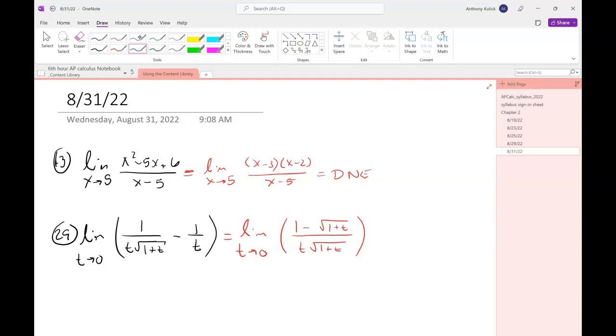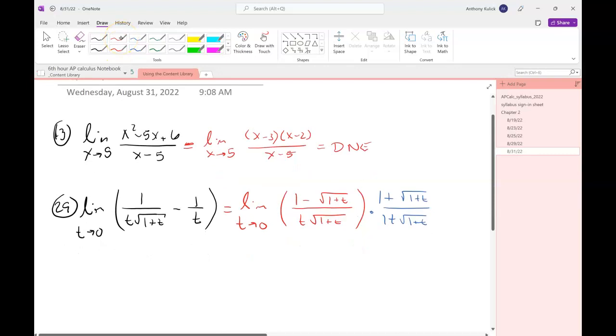Tegan? Sorry, you just multiplied the negative 1 over t by root 1 plus t? Yes. Yep. That's all I needed to make that common denominator. So probably I'll try this. I think that'll reduce down to a t in the numerator, and then I'm looking good.